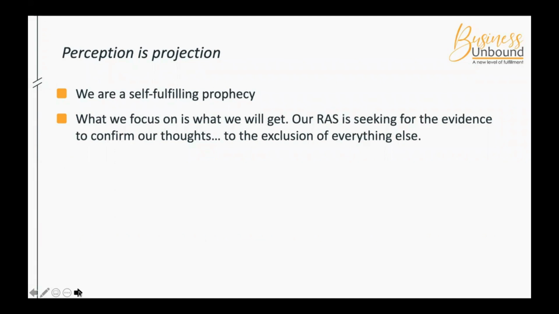So the reticular activating system has to filter out the majority of reality to give us the tiny internal representation that we can focus on. It has to exclude everything else because we just can't absorb it.